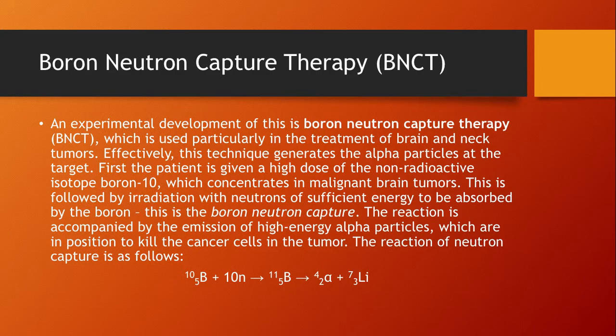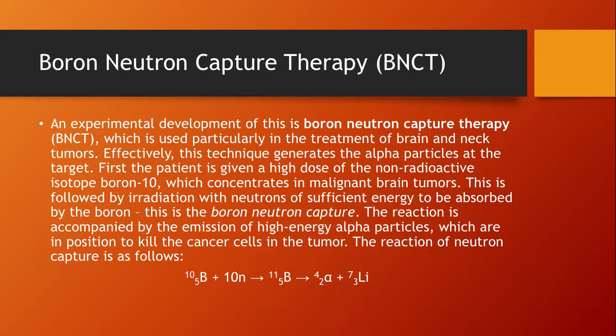We can see this in the equation at the bottom, where we have the boron-10 and we're adding neutrons. The reaction is accompanied by the emission of high energy alpha particles, which are in position to kill the cancer cells in the tumor.